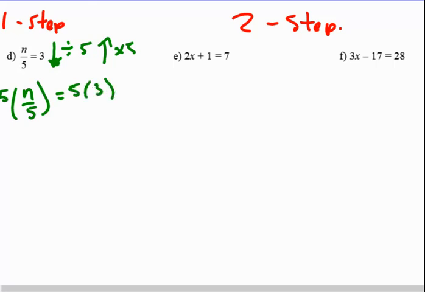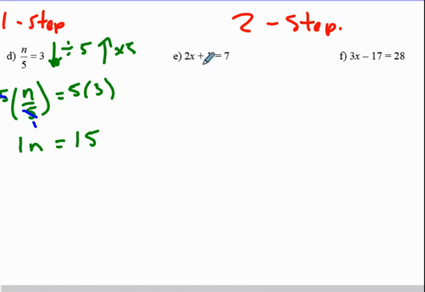Now, the whole reason we did that was so we could cancel these out. And that becomes 1 and 1, which is 1. And so we're left with now a 1n, but of course, we wouldn't have to write the 1. It's just for teaching purposes. It might help to see it there. So n equals 15.